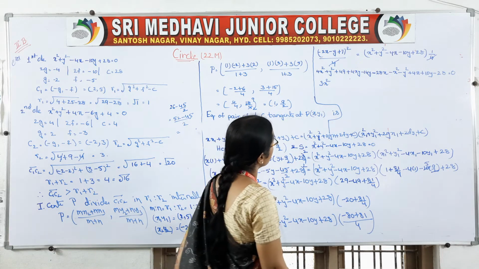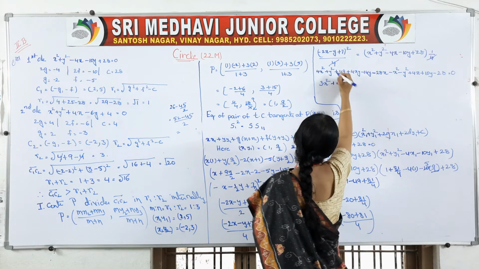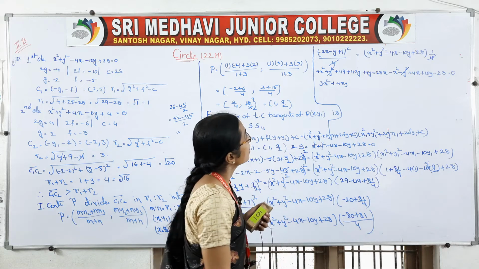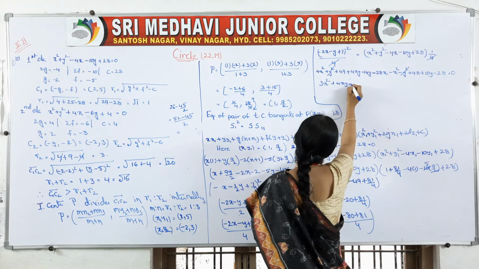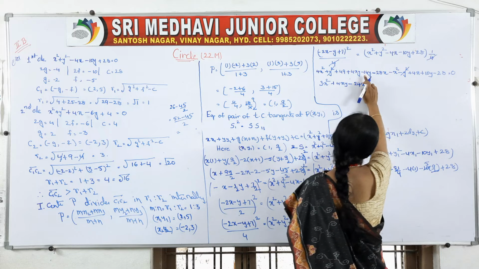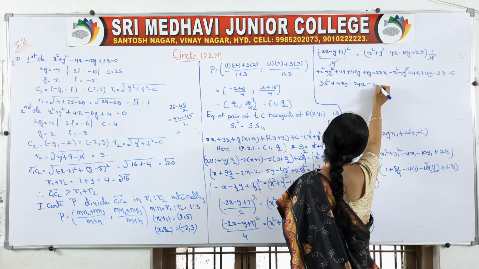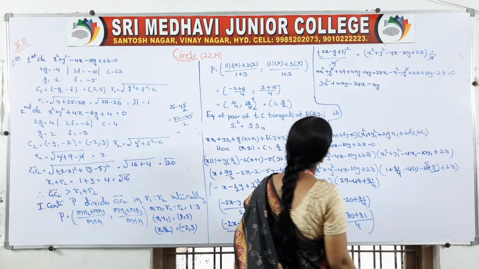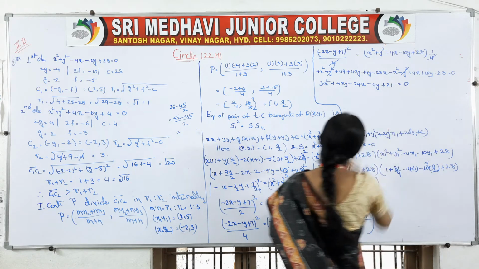Next the xy term, only one term is there, so 4xy, and observe plus y square minus y square get cancelled. Now the x terms: minus 28x plus 4x, minus 24x. Next the y terms: minus 14y plus 10y, minus 4y. Next 49 minus 28, 21, is equal to 0.